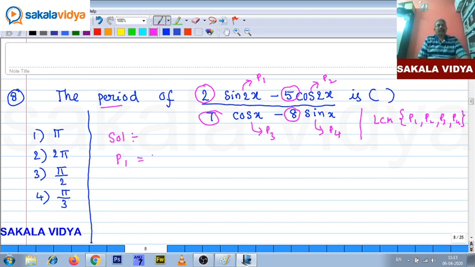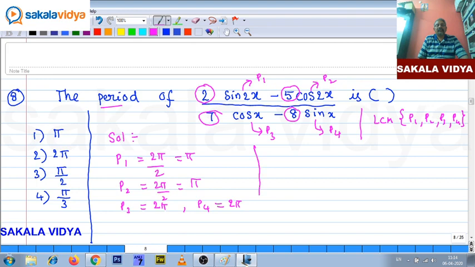Period of sin 2x, I am writing 2 pi by 2 is pi. Period of cos 2x, P2, 2 pi by 2, pi. The period of cos x, P3, 2 pi by 1, 2 pi. P4, period of sin x is 2 pi.